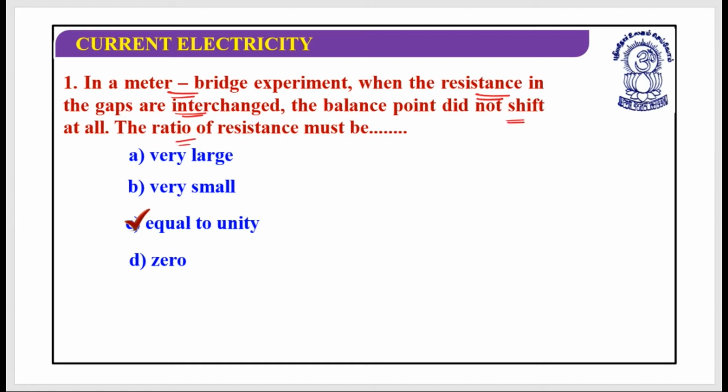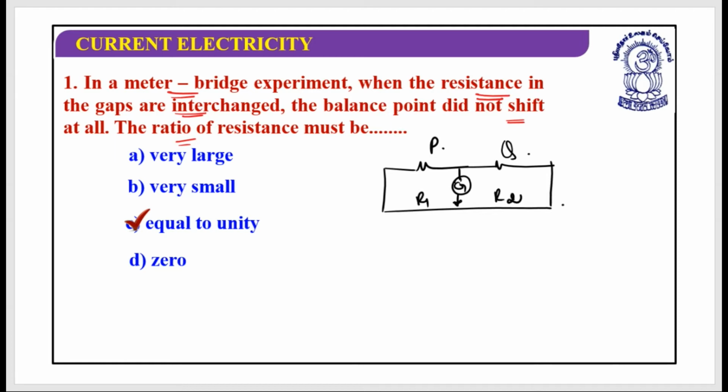The ratio of the resistances must be, so this is the situation, that initially let's suppose this is P, this is Q, this is the galvanometer and this is the jockey. Now let's suppose this is the resistance R1, this is the resistance R2.